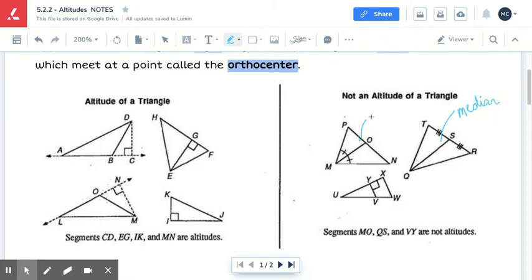So this one was angle bisector. And this last one over here, that's just going from one side of a triangle to another side of a triangle. That's not an altitude. An altitude has to go from a vertex to a side of the triangle. Alrighty.